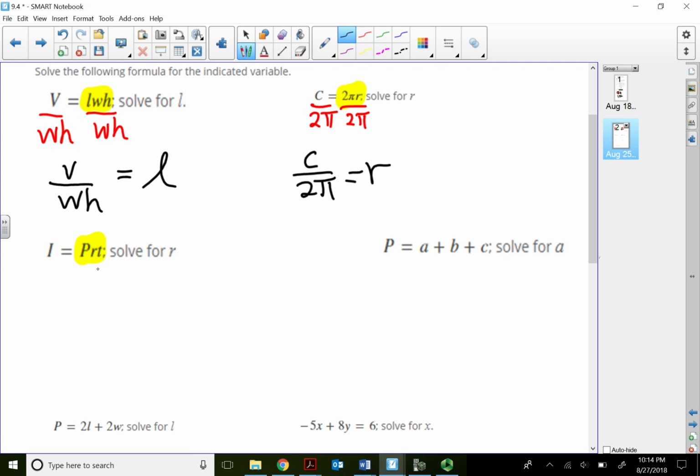Having two terms, no parentheses, and the variable term already by itself, all I'm going to do is divide both sides by the coefficient. If R is the variable, that makes P times T my coefficient. So my answer, R equals I over P times T. That's all the answer is.